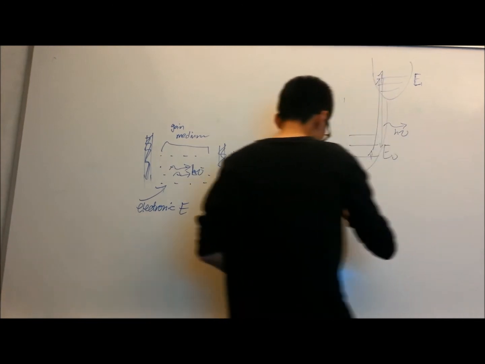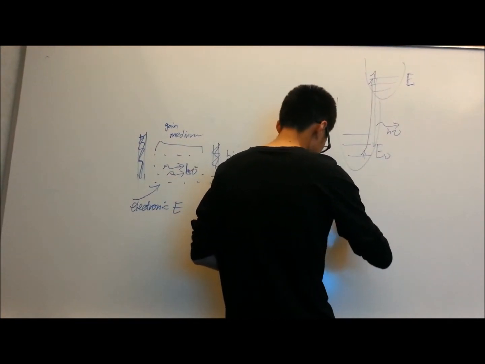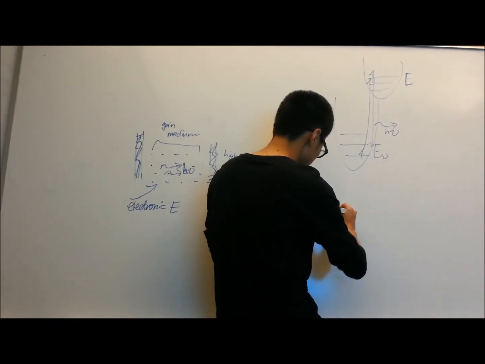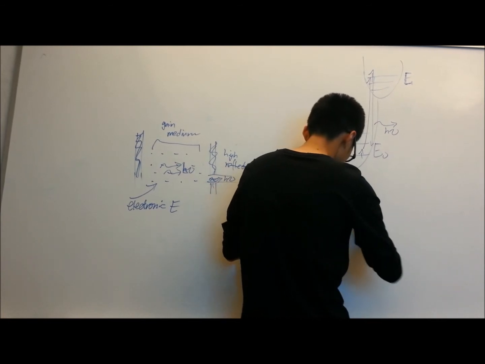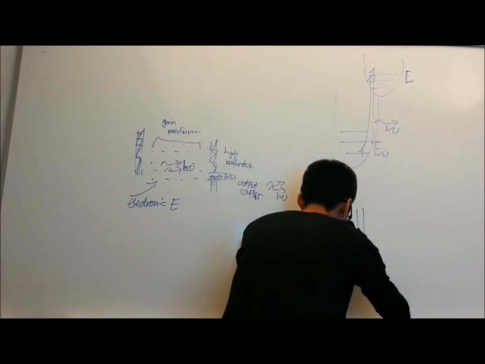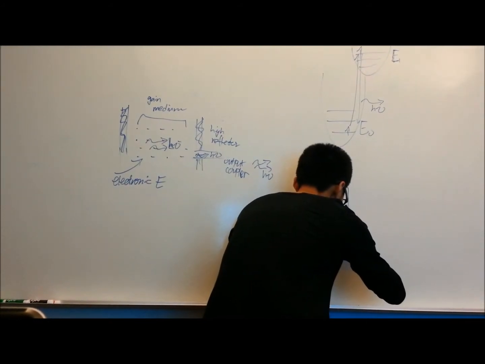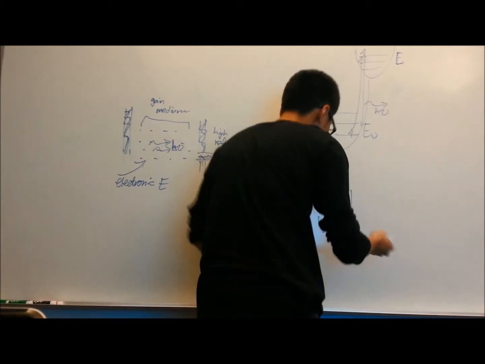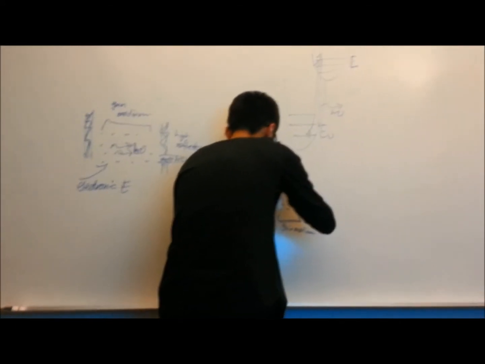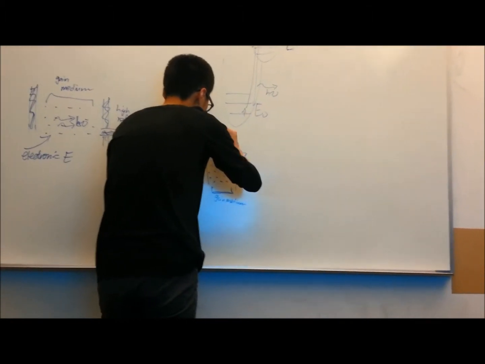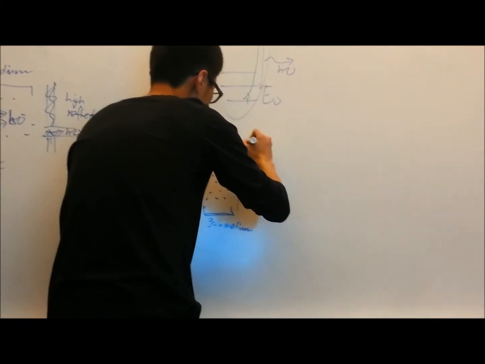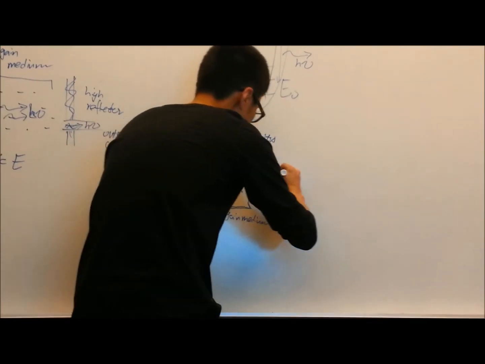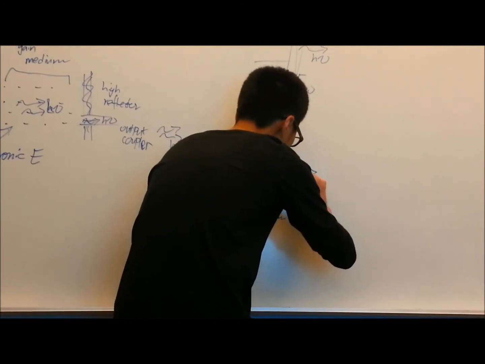So, in short, in a standard laser, a light amplification by stimulated emission of radiation system, you should have a gain medium where photons come from by electronic excitation or other type of excitation, an optical cavity, which is the mirror system, and also an output coupler.